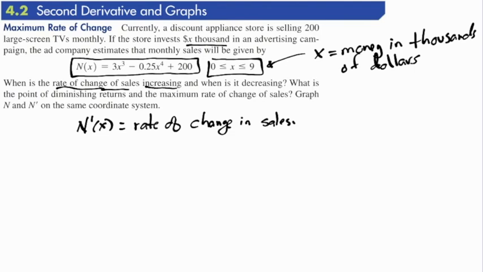So that means the rate of change of the rate of change of sales.